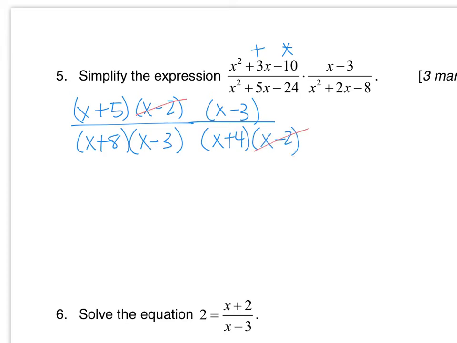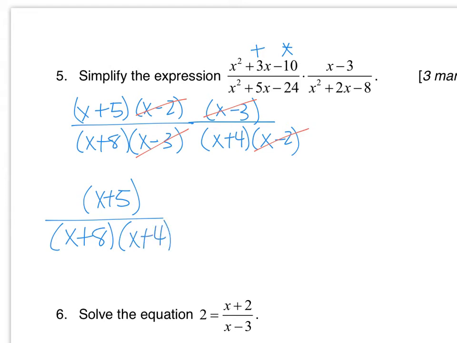So then cross off the ones that are repeated top and bottom. The ones that are left become the simplified answer: x plus 8 and x plus 4. There we go. That is your final solution.